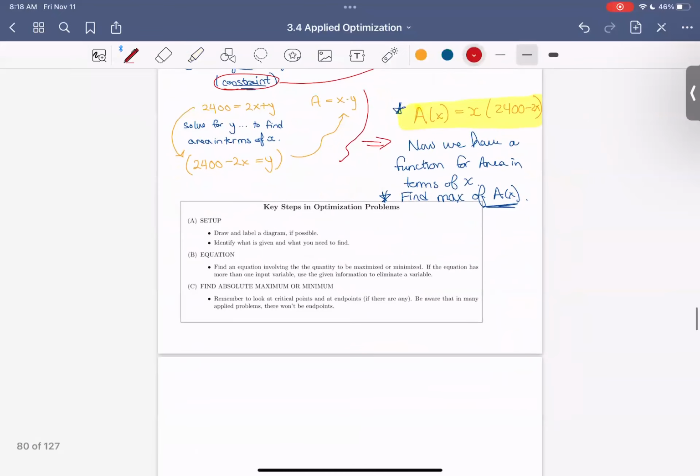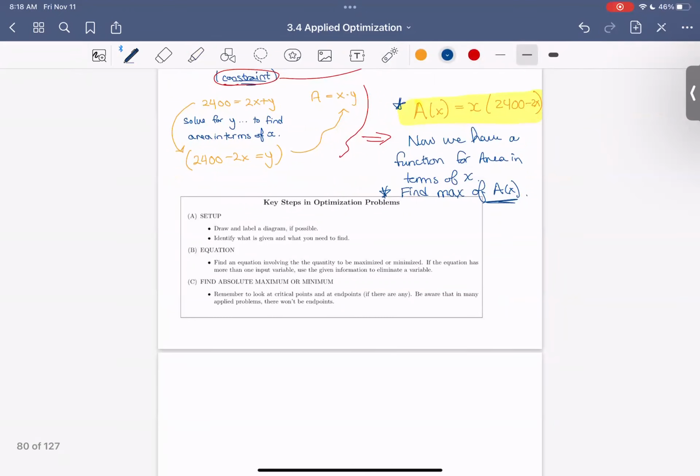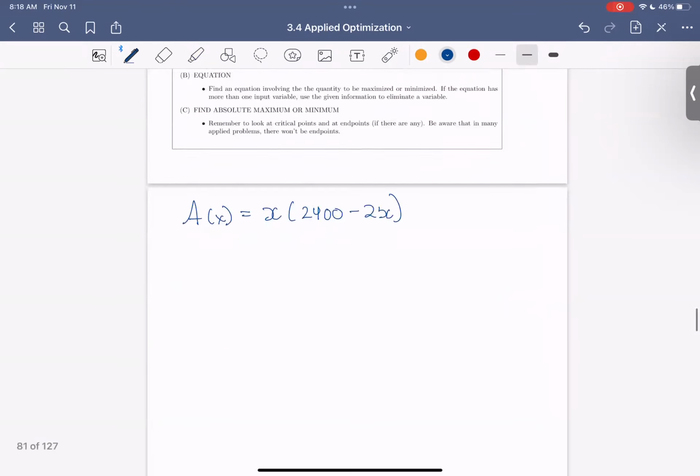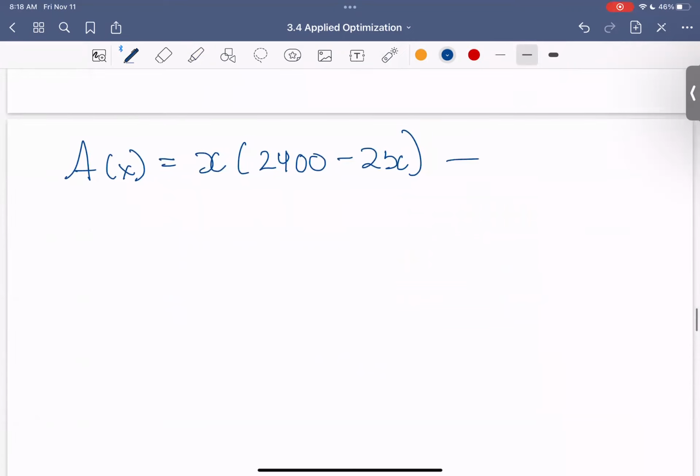So I have a new page for us. I'm going to rewrite that area function down here. A of x equals x times (2,400 minus 2x). Okay, so now we just need to find the maximum. And this we've seen before in the previous sections.